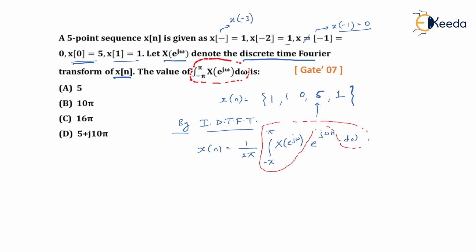Am I right? So let's say I want the integration value for this, and I don't want to look after this extra term. There is only one option: you can ignore it by replacing n value equal to 0, because the moment you substitute n equal to 0, it becomes e to the power 0, and e to the power 0 is 1. So I'll rewrite the formula again. It was x of n equal to 1 upon 2 pi integrating over minus pi to pi X of e to the power j omega e to the power j omega n d omega.